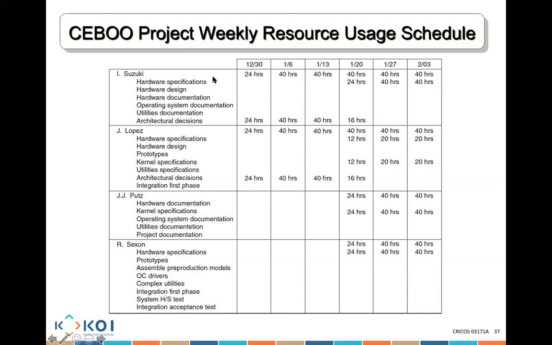In Microsoft Project, you can assign that person, Suzuki, to that activity. You can tell the system how much money Suzuki gets per day. And this way, the system will calculate for you how much money you need to allocate to each activity at any period of time.